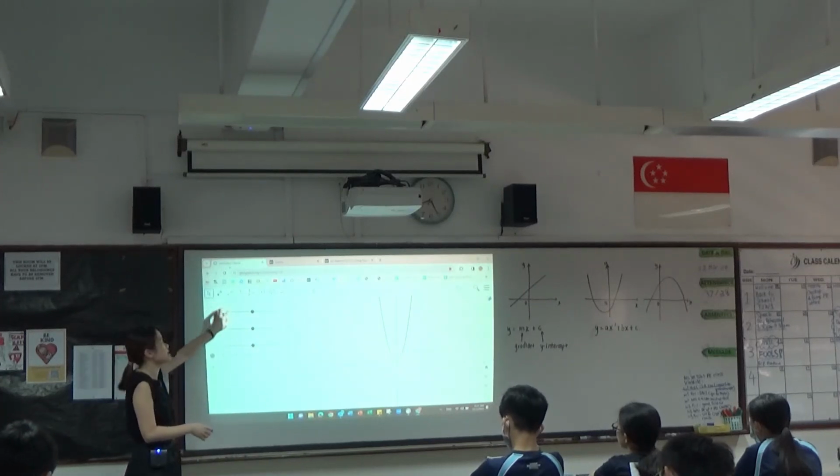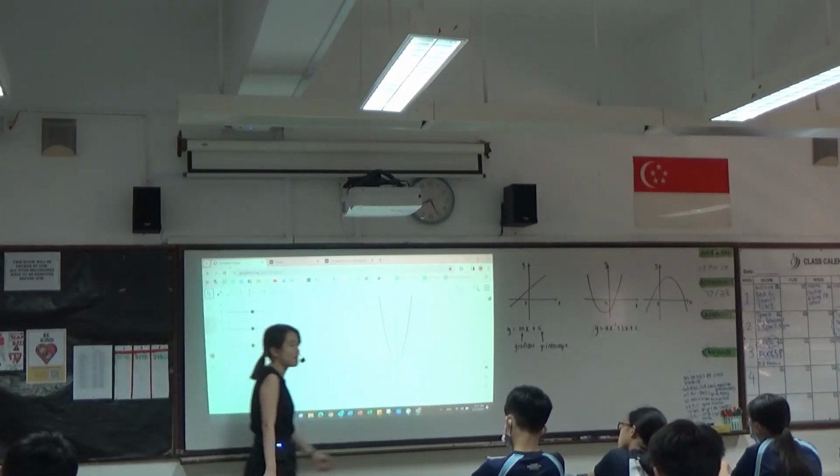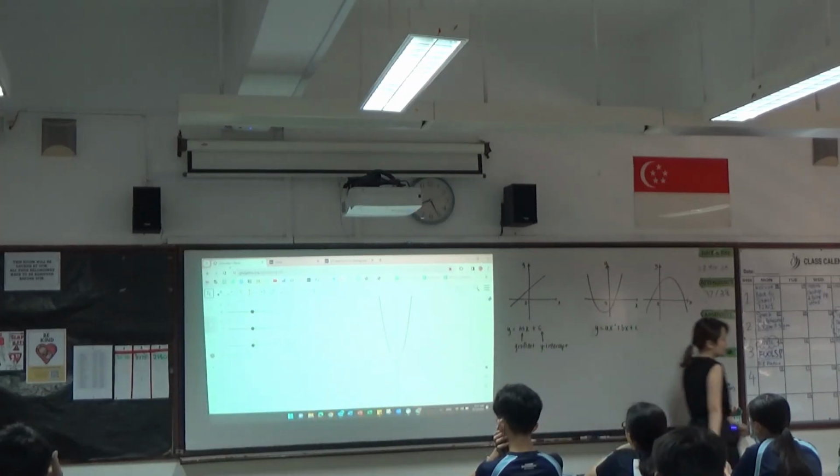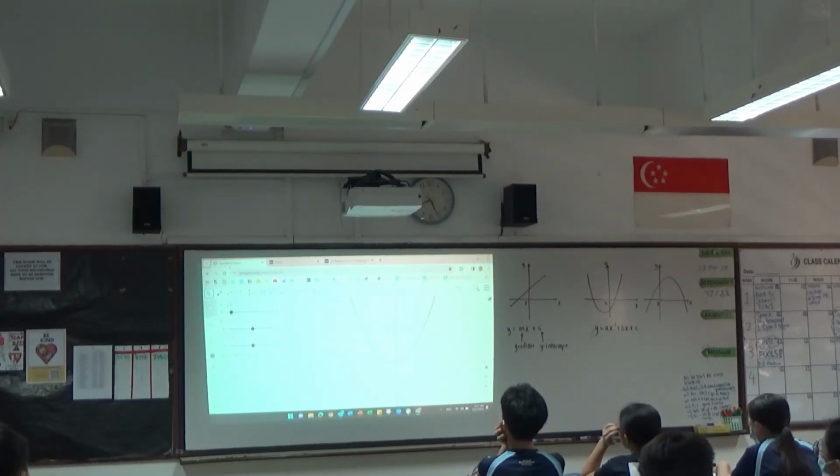I'm going to change the values of a, b, and c to show you what happens to the curve. Currently it is y equals 0.4x squared plus 0.2x plus 0.1.